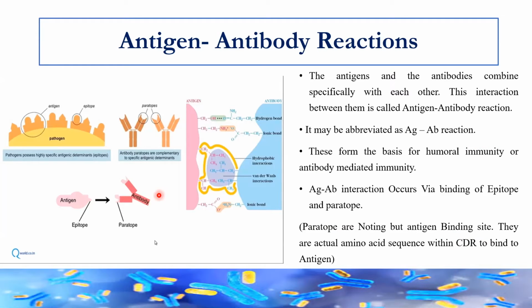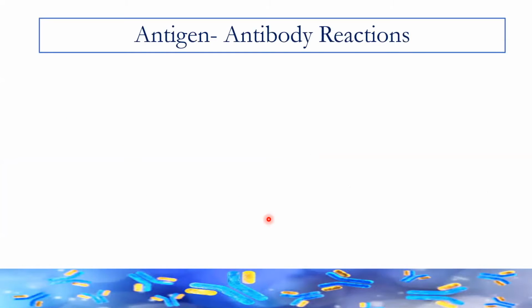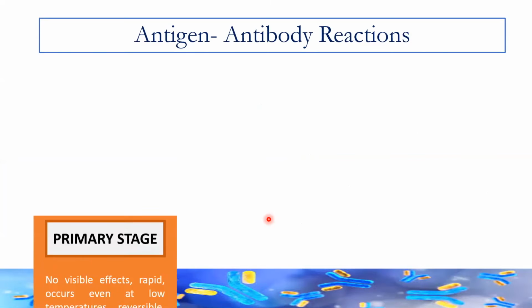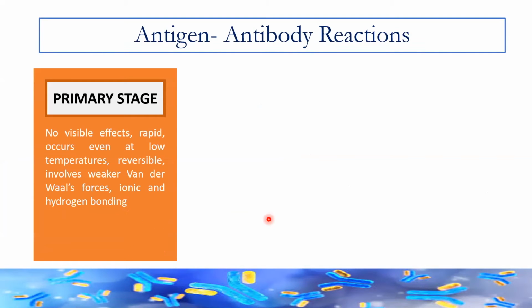Now when this reaction occurs, it occurs in 3 stages, and the reaction involves different types of steps. What are the 3 stages of the reaction? A primary stage. In the primary stage, there are no visible effects when antigen binds to the antibody. It occurs very rapidly.